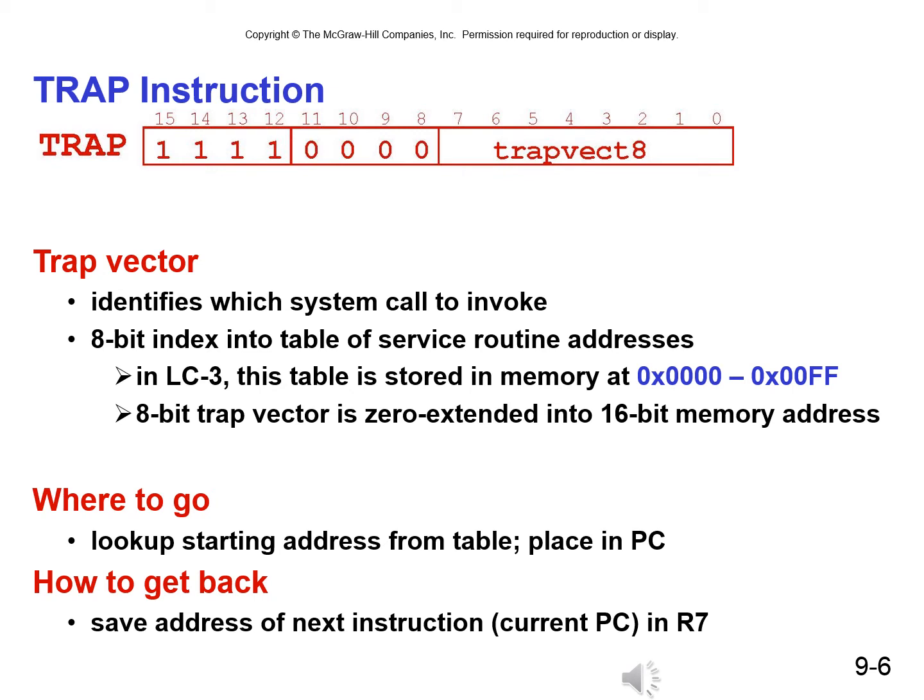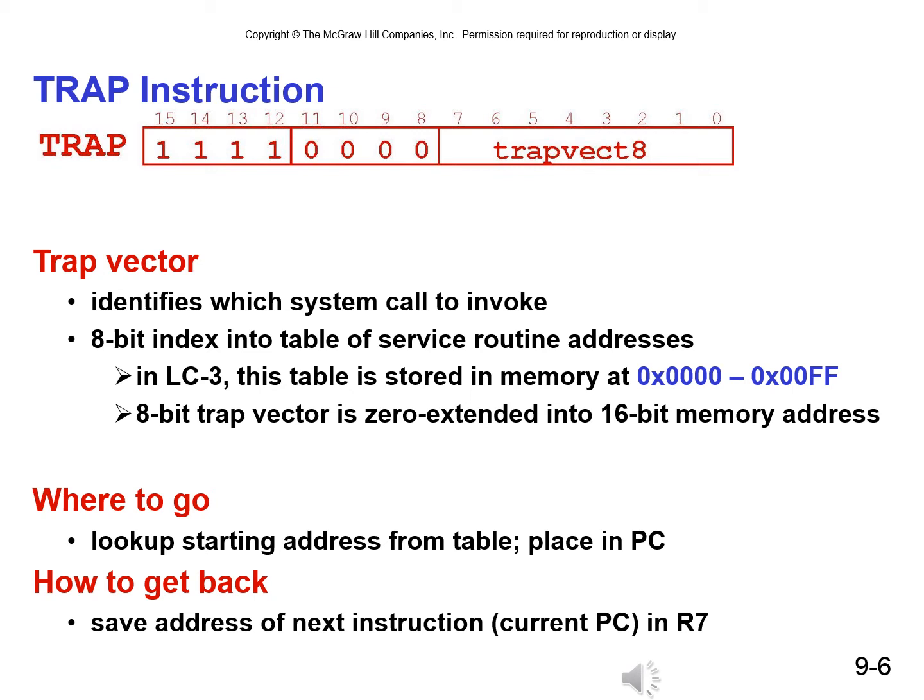So the trap vector identifies which system call to invoke, and it refers to an address in the trap vector table. The trap vector table is stored in memory, and it starts at the very beginning of memory and goes to hex 00FF. And the 8-bit trap vector is zero extended. It's not a 2's complement, it's zero extended to a 16-bit memory address.